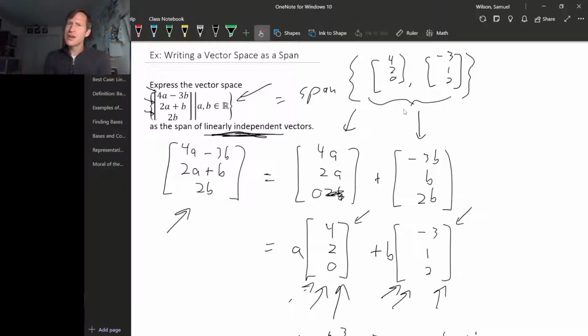So this way that we've written this vector space as a span is actually with linearly independent vectors. And remember, having linearly independent vectors is a nice way to write a vector space, because you can use them as kind of a coordinate system, right? So just to make sure that this really accomplishes what we're hoping, let's check.